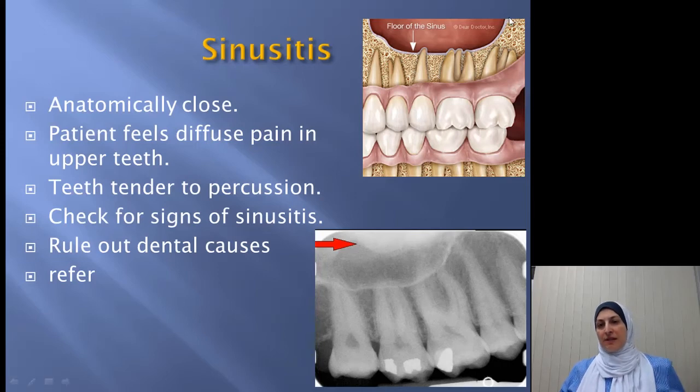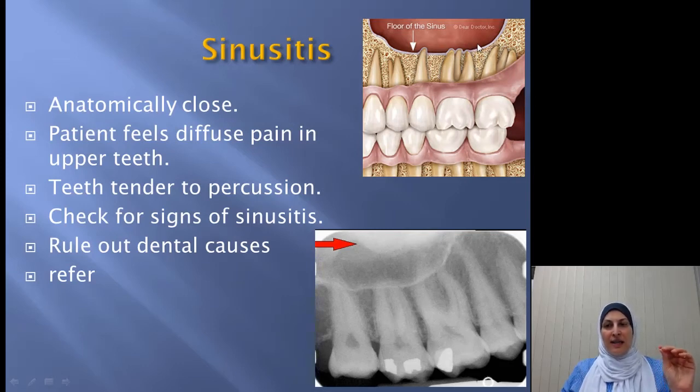And this is because when there is infection here in the sinus, with lots of fluid retention, the lining of the sinus would be inflamed, and this would affect the bone here, where the roots are. So it's very close to the root.